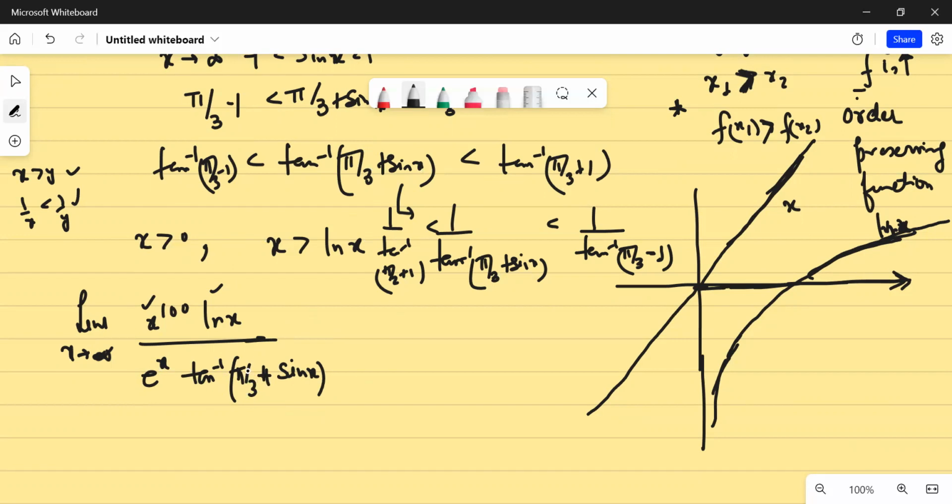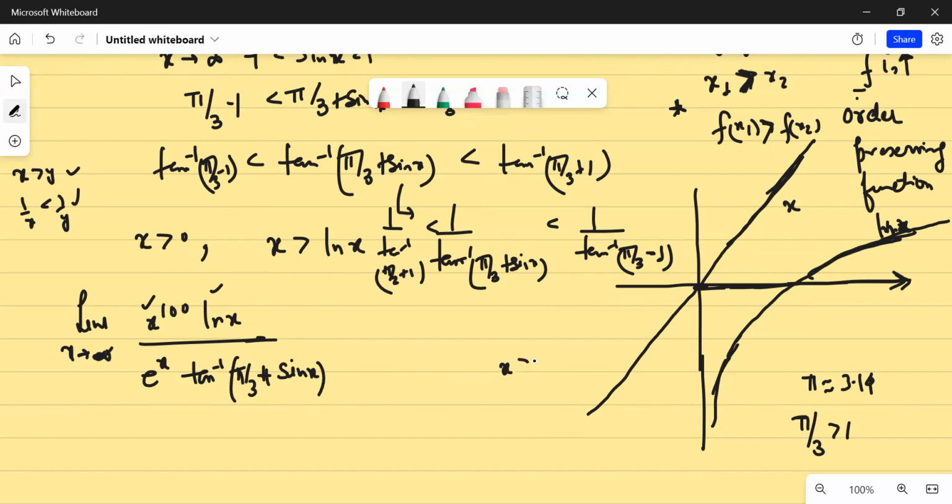Because tan inverse x always lies between -1 and +1, and pi by 3, if you remember, pi is almost 3.14, so pi by 3 would be greater than 1. Even if sin x becomes -1, it will again be positive.